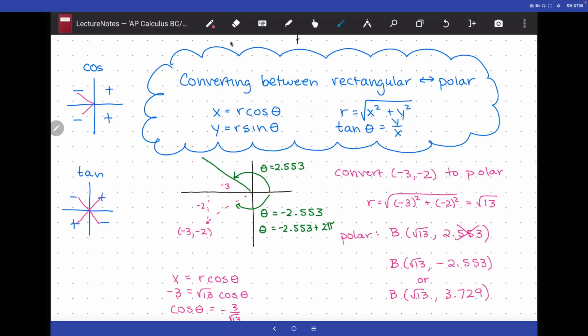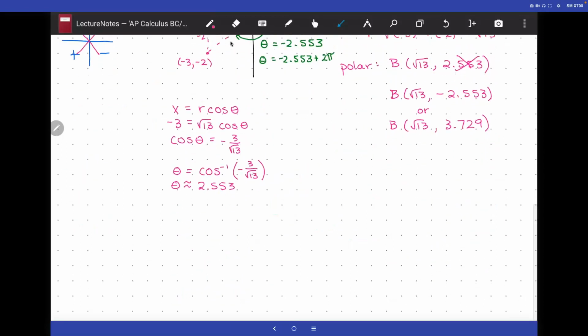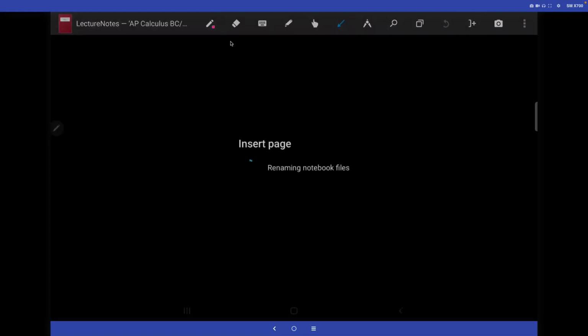All right. The next thing, which may seem silly right now, but when we start doing the calculus with polar, this is going to become an important thing.